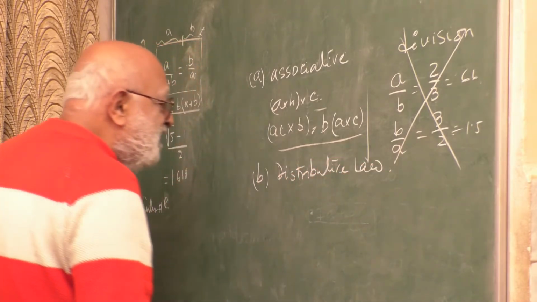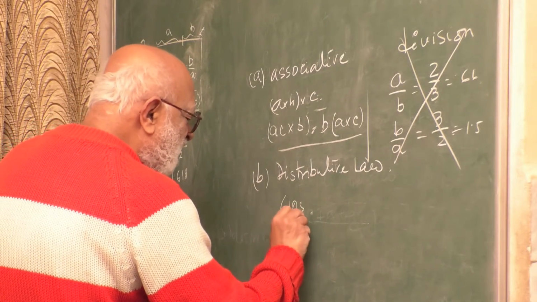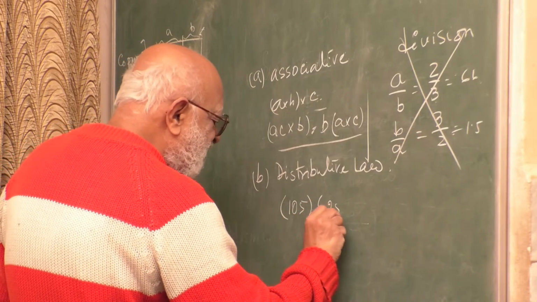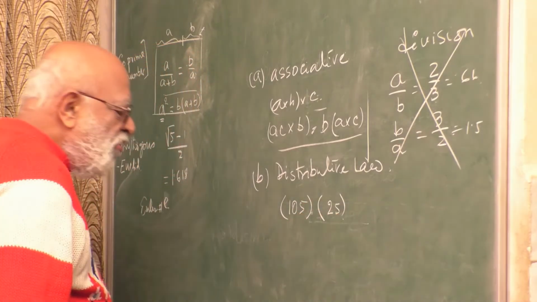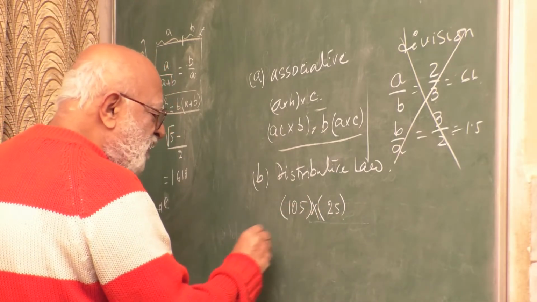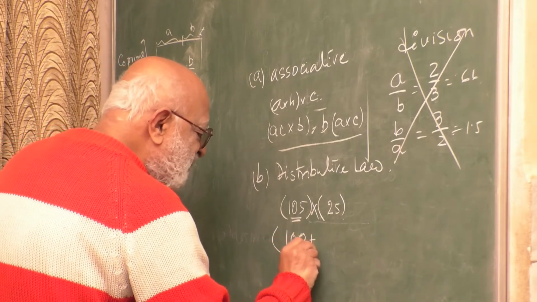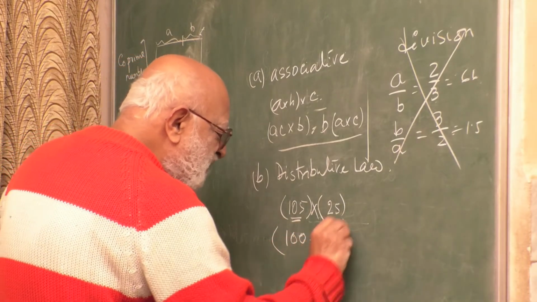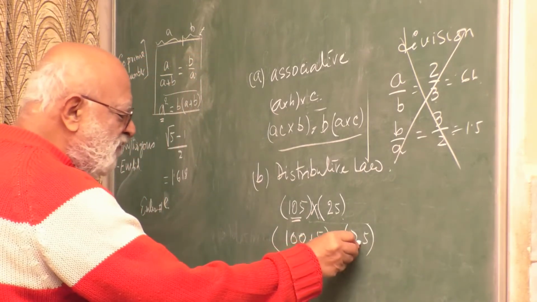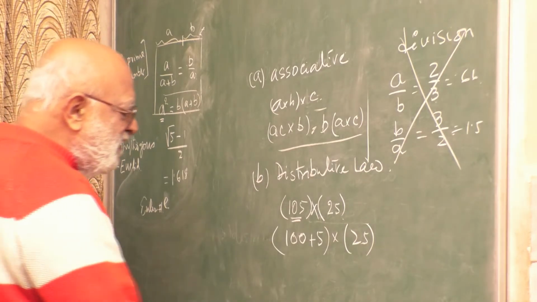What does that law say? Suppose you want to multiply 105 into, let us say, 25. What can you do? You can distribute 105 as 100 plus 5, multiply with 25 and add them. Multiply this with this and this with this. This helps with bigger numbers.